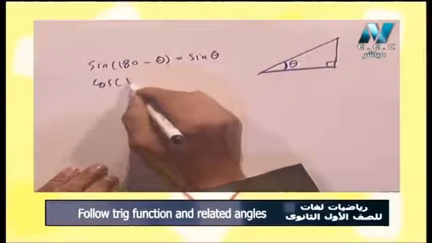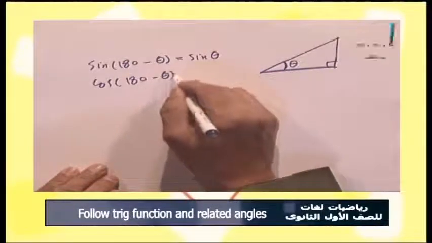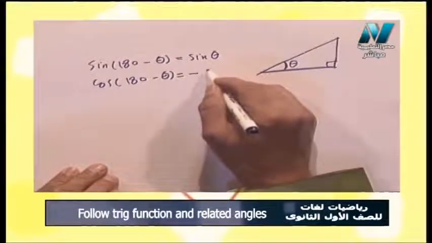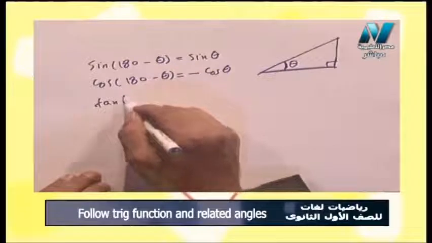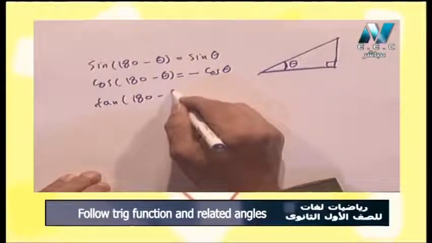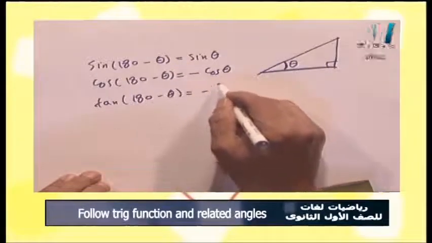Cosine 180 minus theta equals negative cosine theta. And tan 180 minus theta equals negative tan theta.